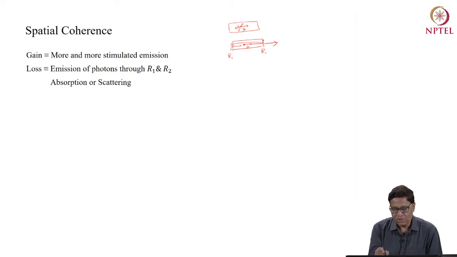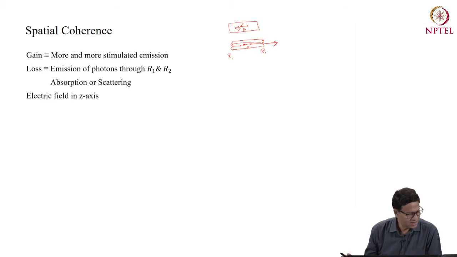So we want to have some sustained oscillation and continuous output. So I need to ensure that the laser acts as an oscillator, not as an amplifier. In order for the laser to have sustained oscillations, we want to use this laser as an oscillator, and for that we need some conditions to be satisfied that we will understand.